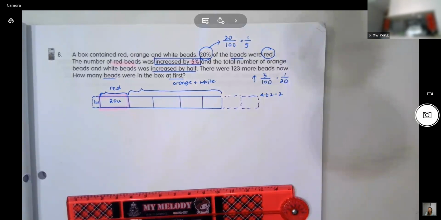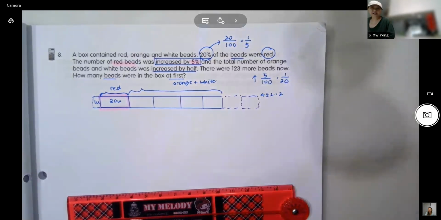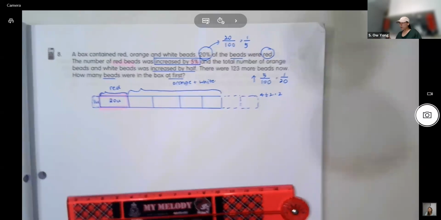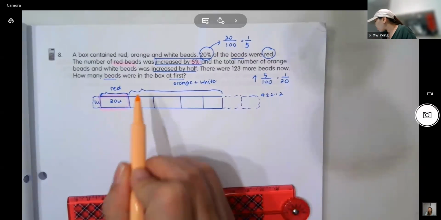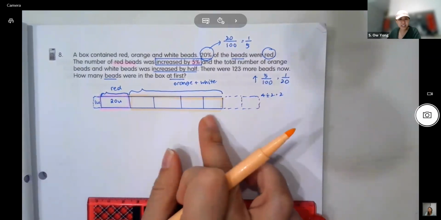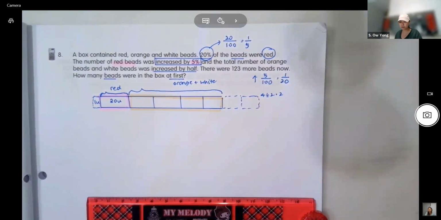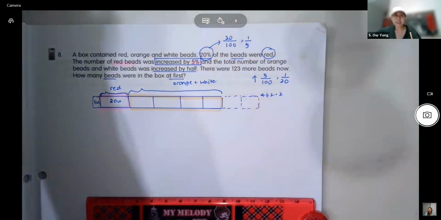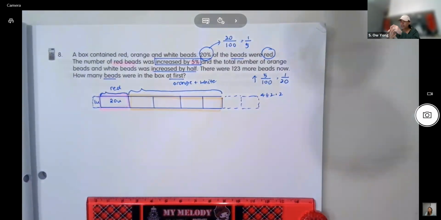So you can see that if I increase by half, now this orange and white originally is here increased by 2 more units. Okay, so I'm not going to rush because once you can get the units right, you are able to solve.